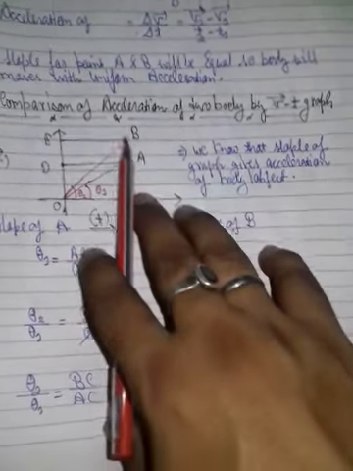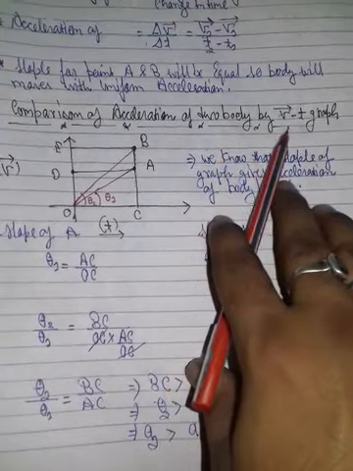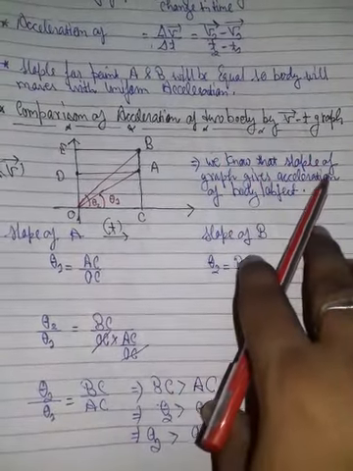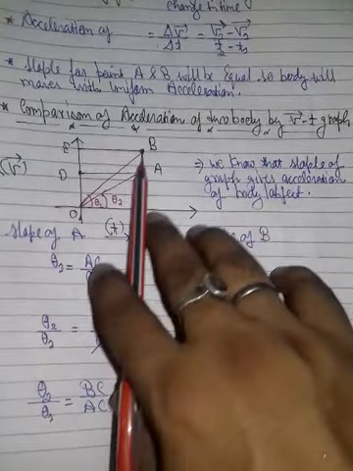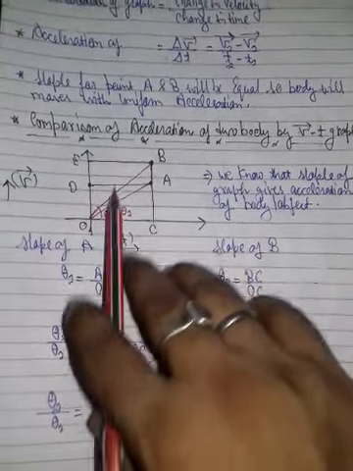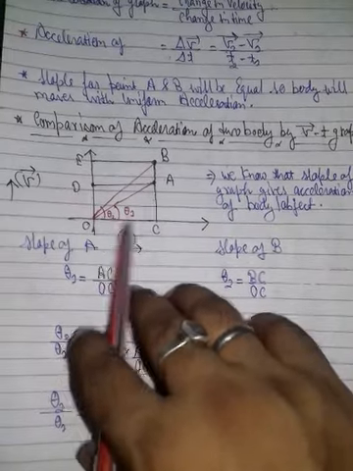Comparison of the acceleration of two objects with a velocity time graph: we know that the slope of a graph gives the acceleration of a body or object. Take the two bodies A and B, with slopes theta 1 and theta 2.